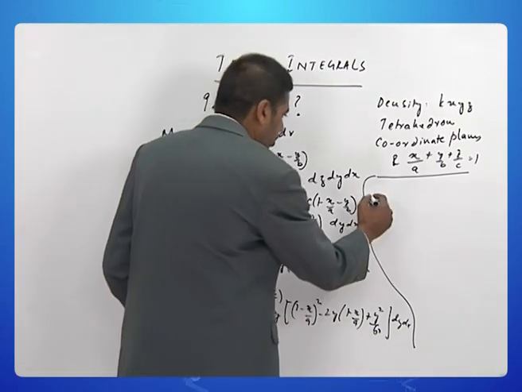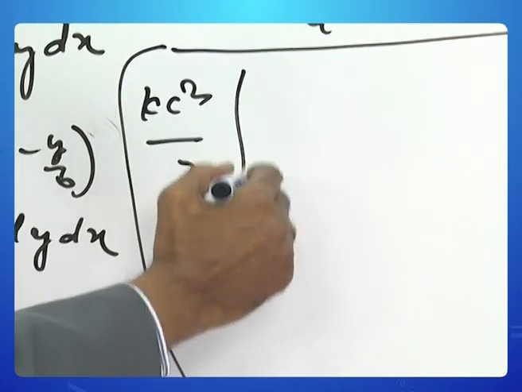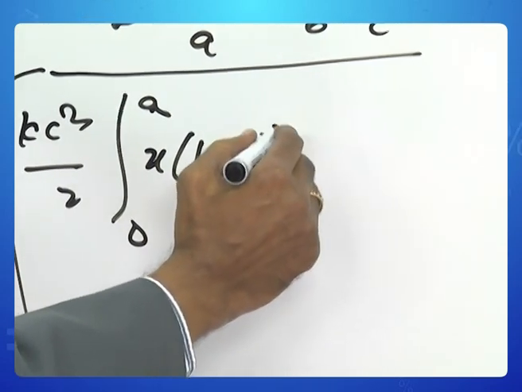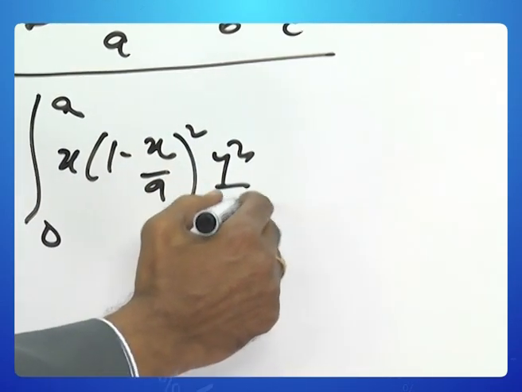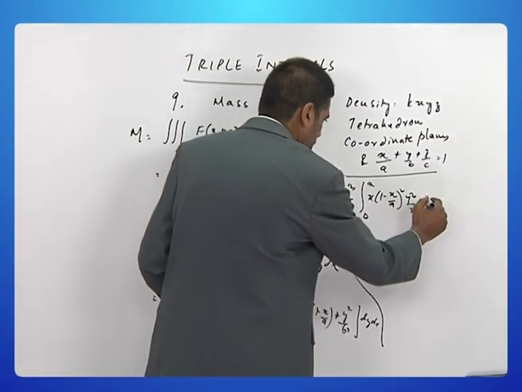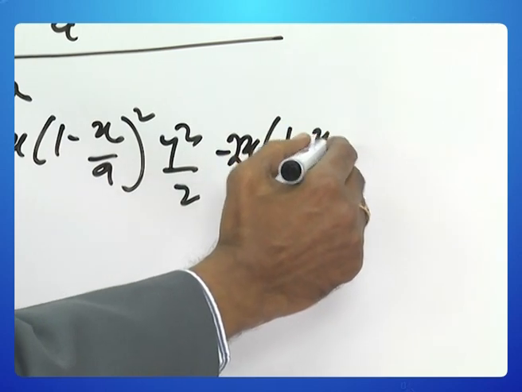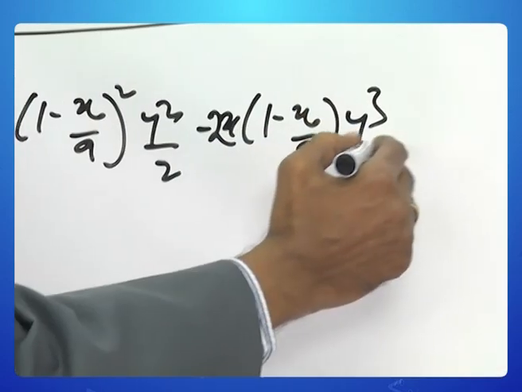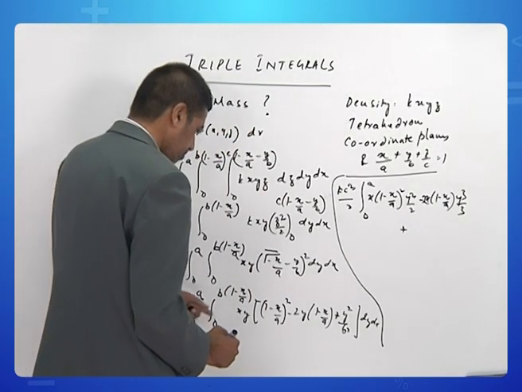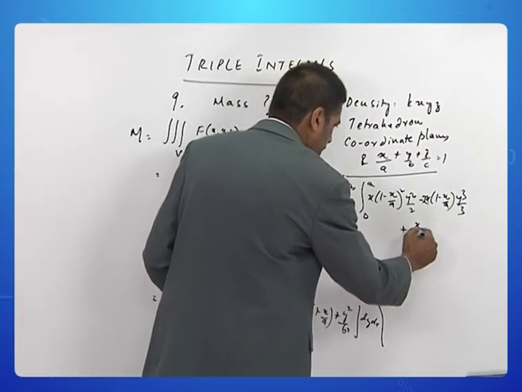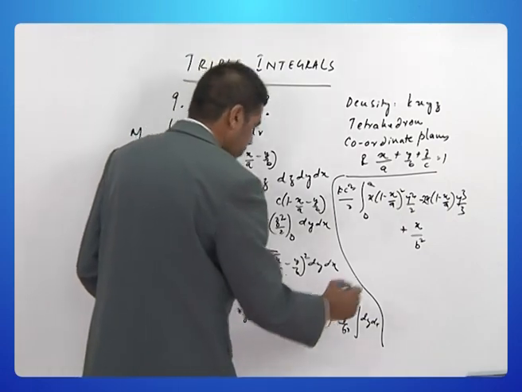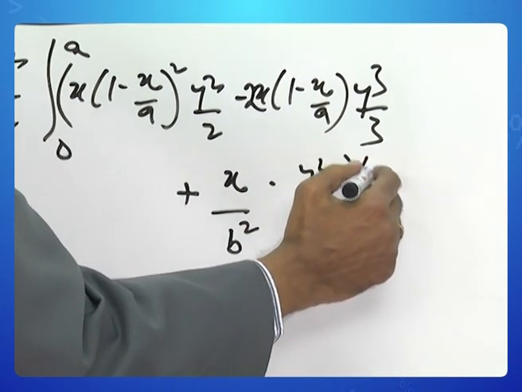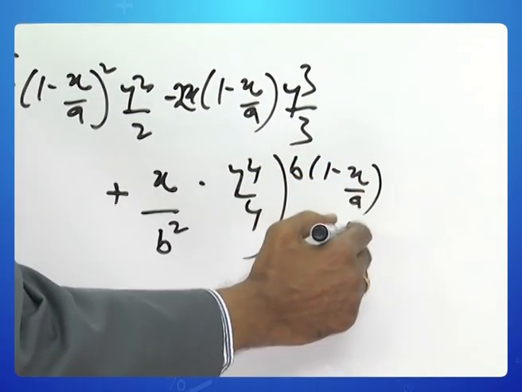So just k c square by 2, 0 to a, you will have x into 1 minus x by a whole squared into y square by 2 minus 2x into 1 minus x by a into y cube by 3 plus x by b squared into y power 4 by 4 from 0 to b into 1 minus x by a dx.